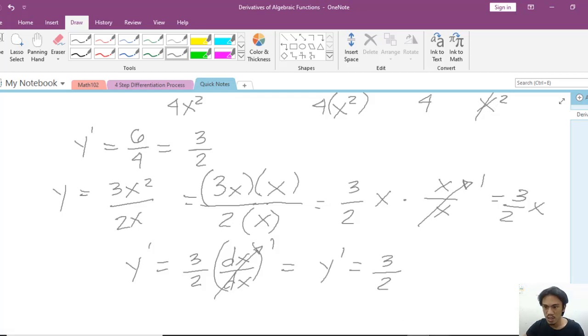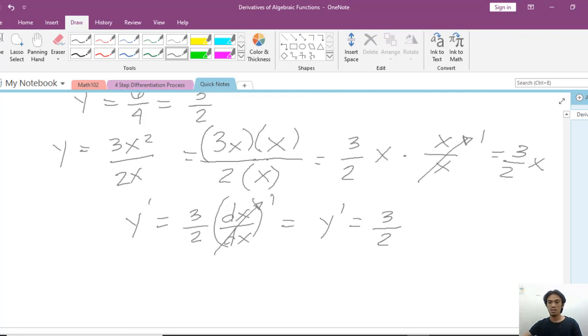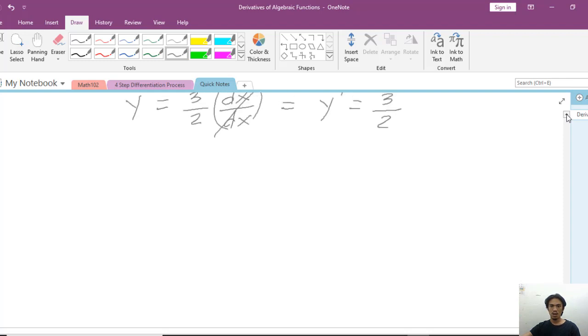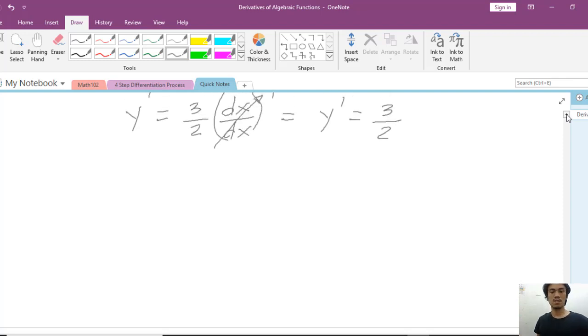So as always, it is always easier to simplify first before taking the derivative of the function. Let me look for other, let's try this one. I think this should be our last example.